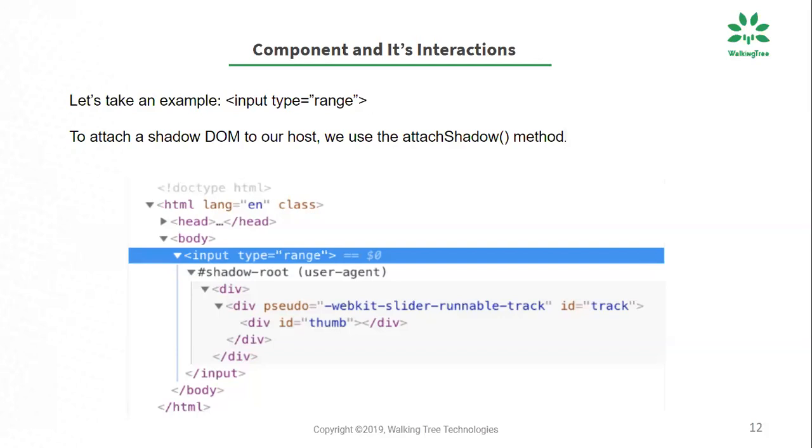Okay, here you can see that in the example I have highlighted input type range. The user can see only that input type range, but inside the shadow DOM, you can see so many divs are there, and separate styles. So shadow DOM is a combination of DOMs to achieve something.